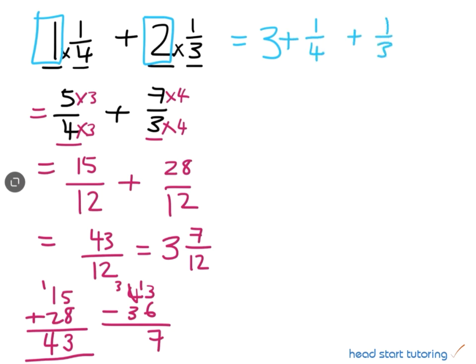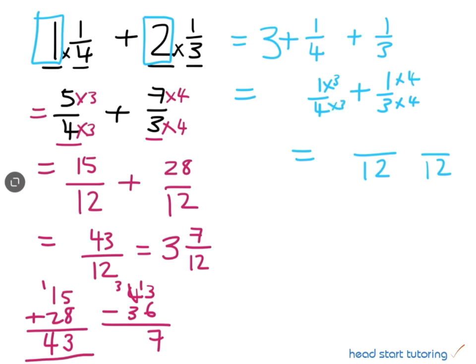So we remember to add our 3 wholes at the end, but for now we just say 1/4 plus 1/3, and we get a common denominator of 12, or LCM of 12, and then we multiply our numerators by whatever we multiplied our denominators by to get 12, and we end up with 3 and 4.